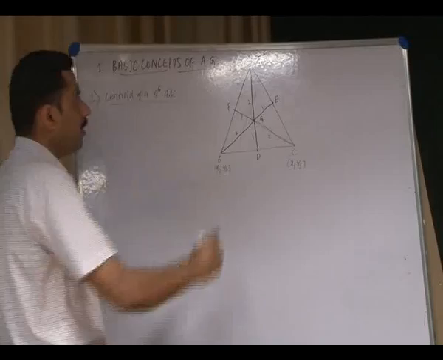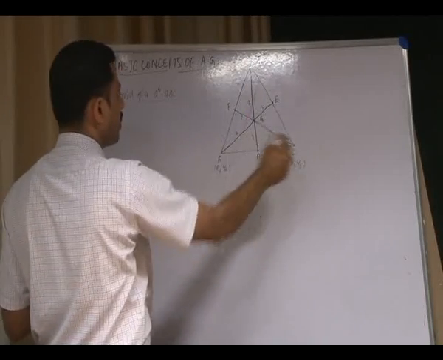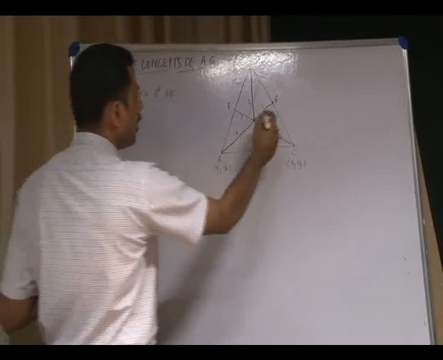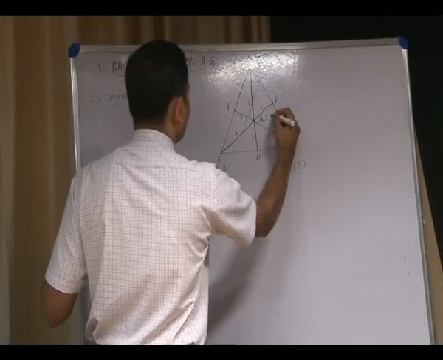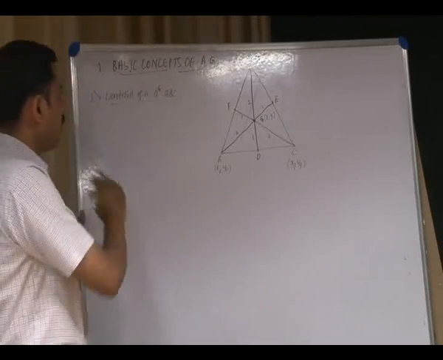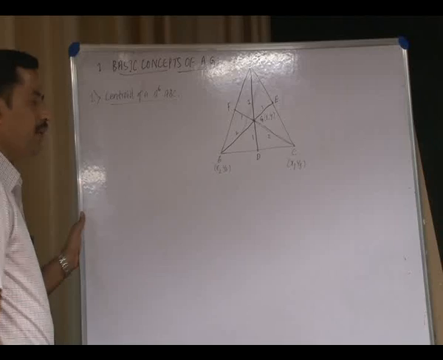So, by knowing the coordinates of these 3 vertices A, B, C, you can find the coordinates of centroid G. For that there is one formula, called the centroid of a triangle.